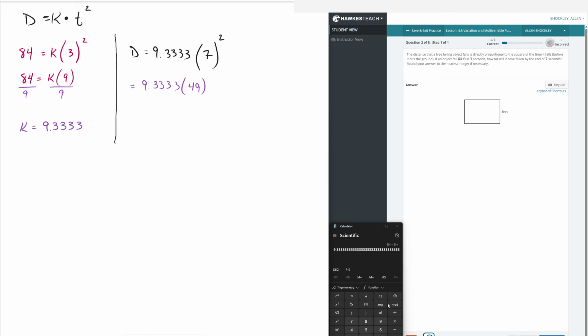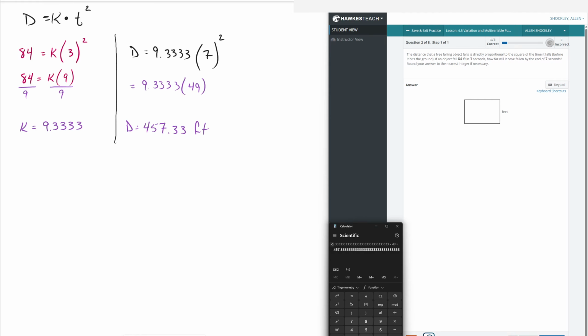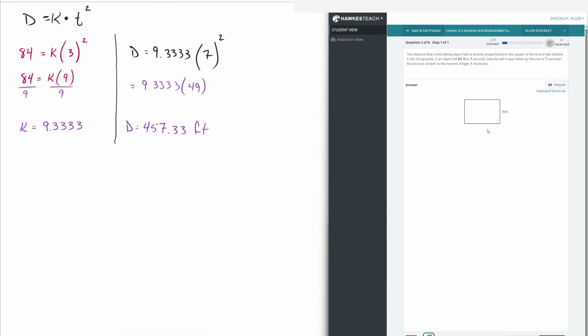In my calculator, I multiply it by 49, and I get a distance of 457.33 feet. I'll double check that real quick. Yep, 457.33.